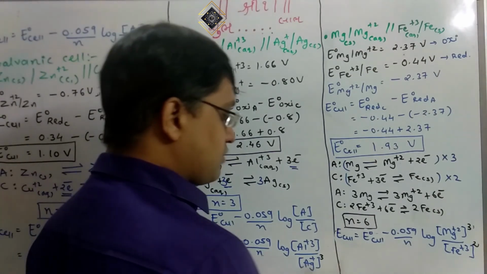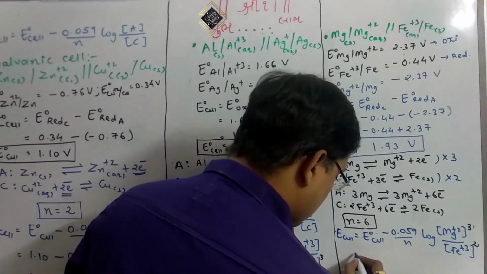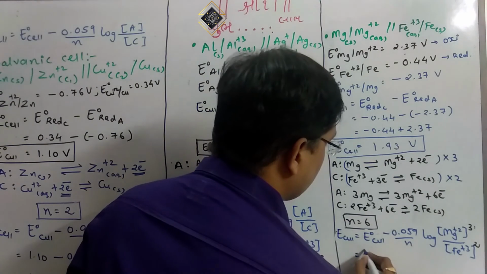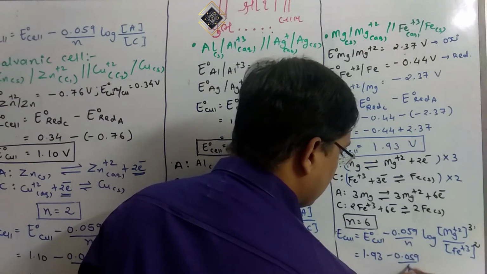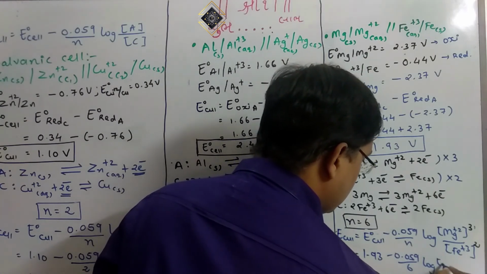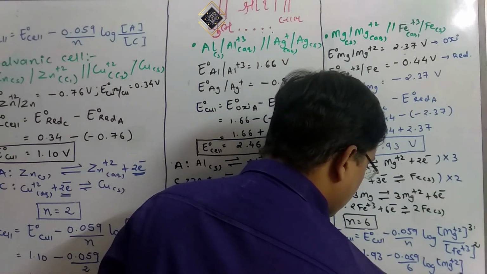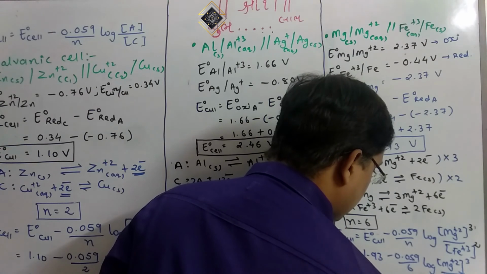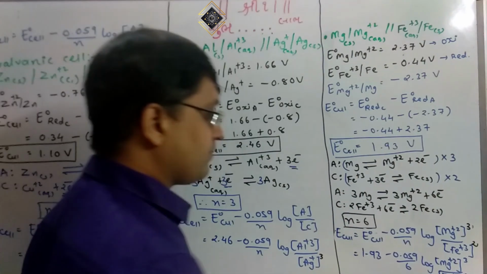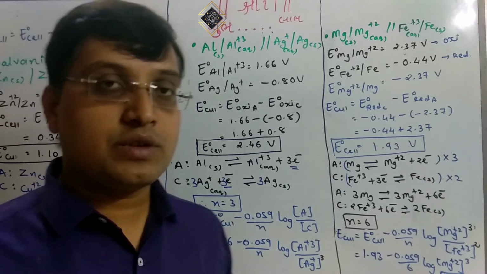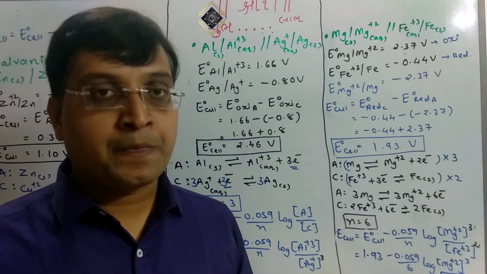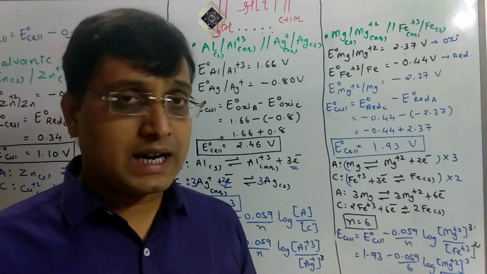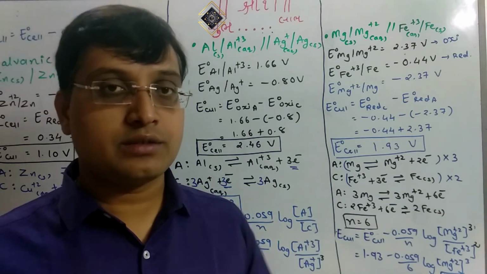Substituting the values, E0 cell is 1.93 minus 0.059 upon n equal to 6 log of Mg plus 2 raised to 3 upon Fe plus 3 raised to 2. This way we can calculate the non-standard cell potential. Clear? For a half cell we will go to the next board work.